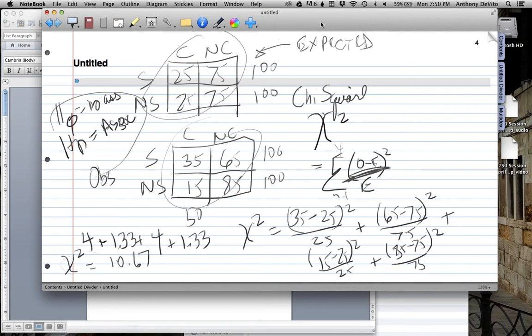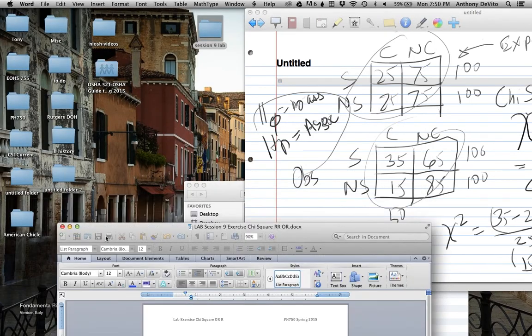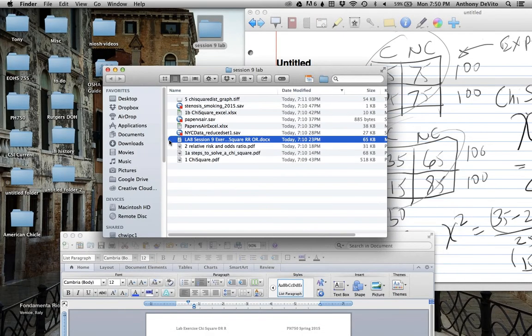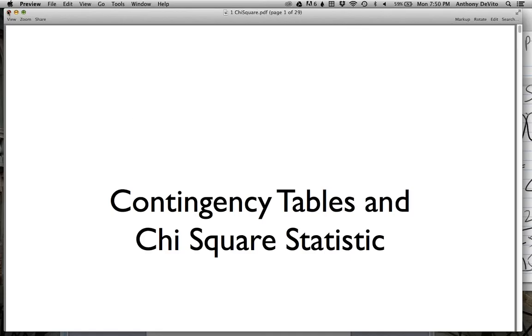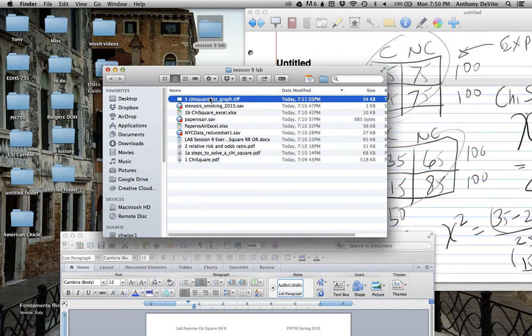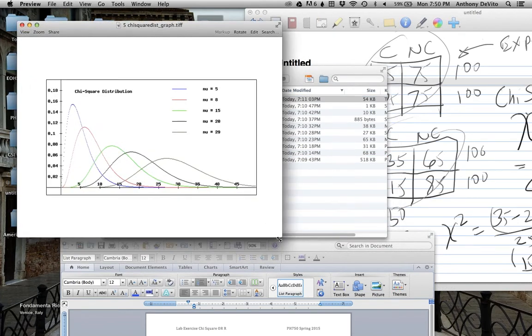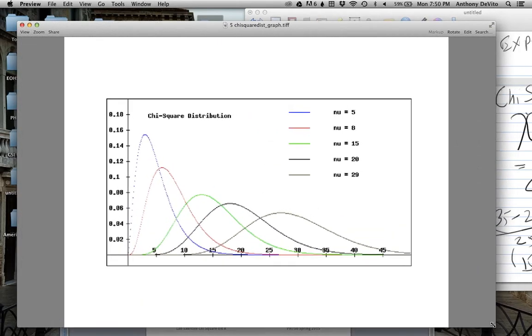Okay, and it's a graph. Just like there's a normal distribution, there's a chi-square distribution. And I'm going to see if I can't find it here and blow it up. I think this might be it. No, it's not it. Chi-square. Here we go. I think that's it. Okay, here's the chi-square distribution.